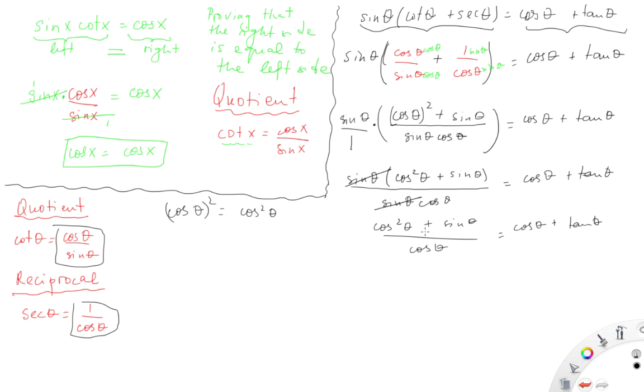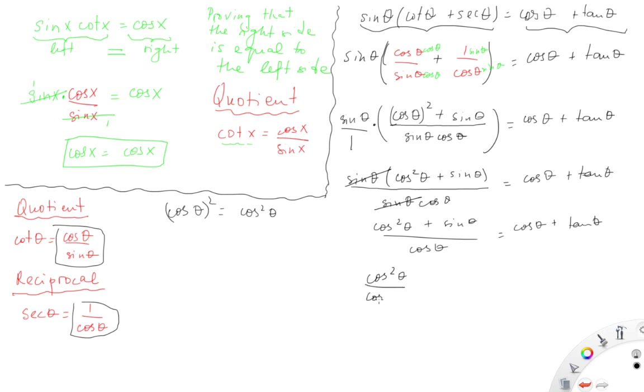What I notice here is that I have cosine theta by itself, and if I am able somehow to eliminate one of the cosine thetas and the cosine theta here, I'm gonna get what I want. So I'm gonna do the opposite of adding fractions. I'm gonna take those 2 numbers on top and split them.